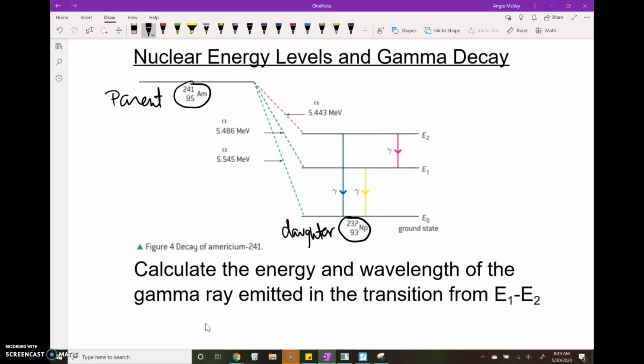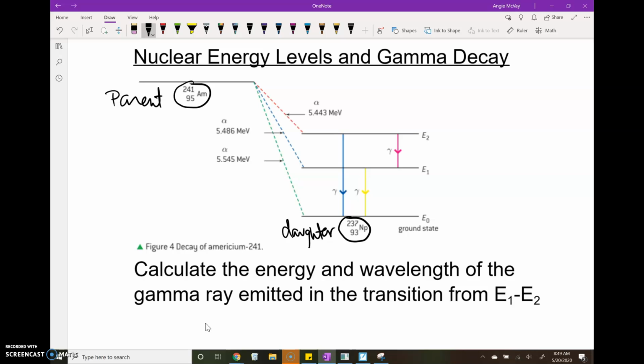Okay, if we follow this blue line down, an alpha particle emitted with this amount of energy will result in a daughter nucleus in its first excited state. And then if an alpha particle is emitted from americium with this amount of energy, then that daughter nucleus will actually be at its ground state, okay, and not actually excited.